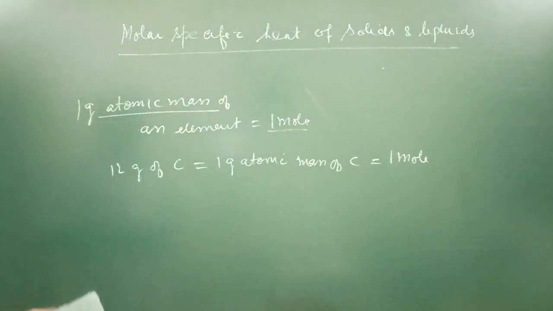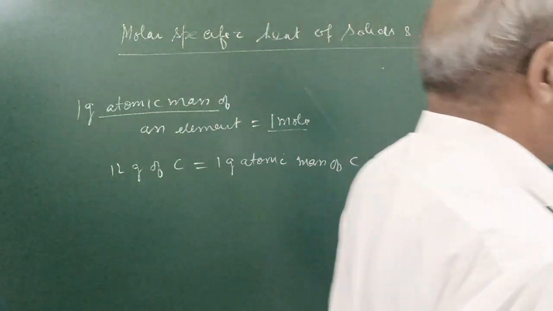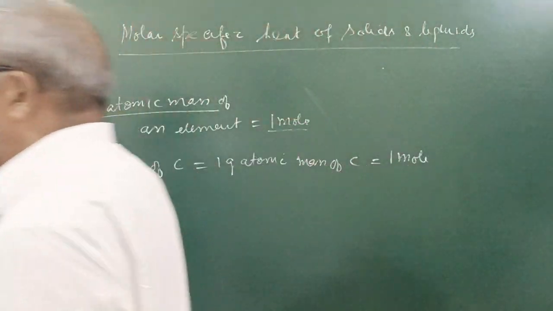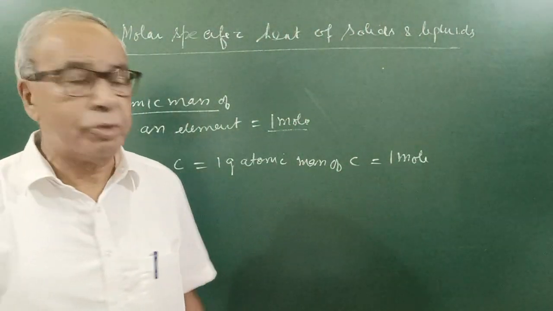When we take atomic mass in gram, that becomes gram atomic mass. So 1 gram atomic mass of an element is equal to its atomic mass taken in grams.